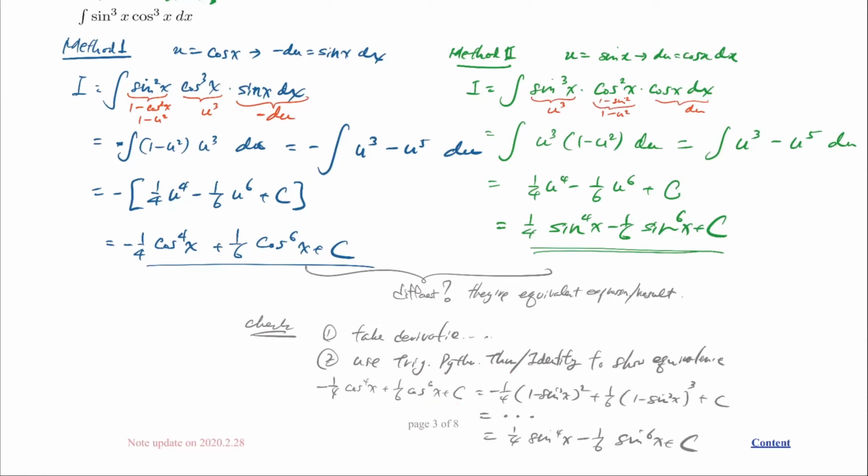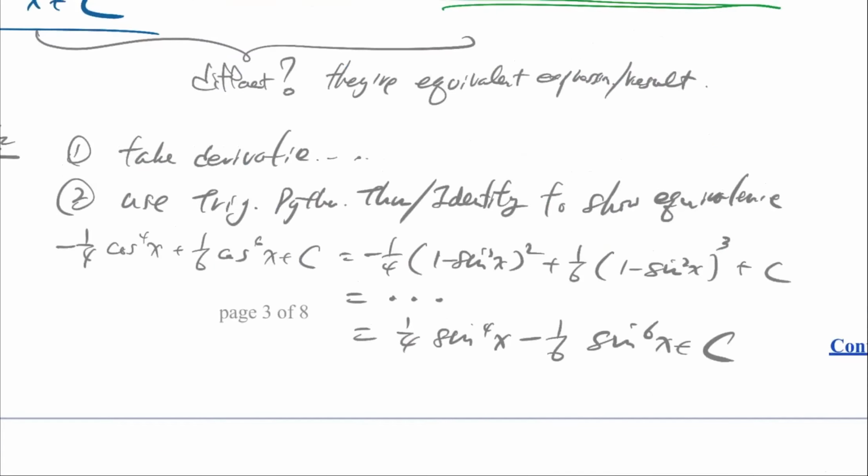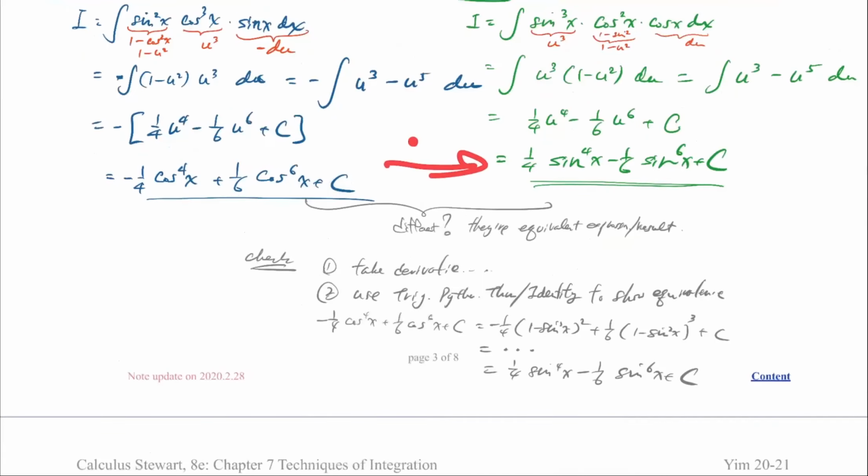Let me zoom in. So that is cosine squared squared. That's cosine squared to the cube. But cosine squared is 1 minus sine squared. When you expand it out and rearrange them, this is what it is. It's the same. And you could go either direction using trigonometric Pythagorean theorem, identity, property.